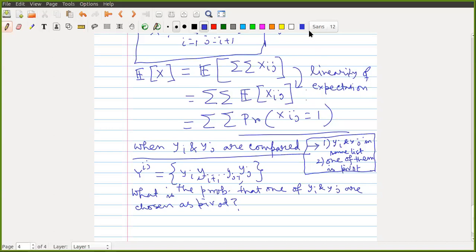Why can't we take Y_ij as a bit larger set, where Y_i and Y_j are present, and it can have more elements in between? Why is the element Y_i-1 not present in Y_ij?